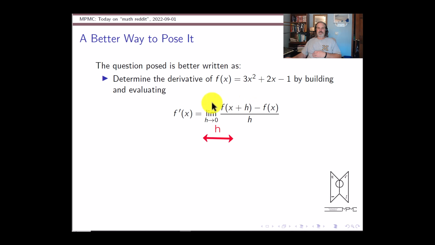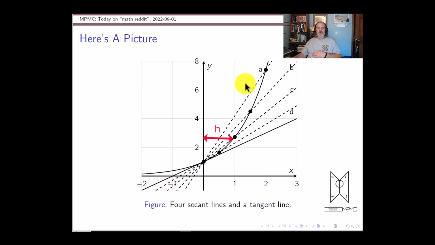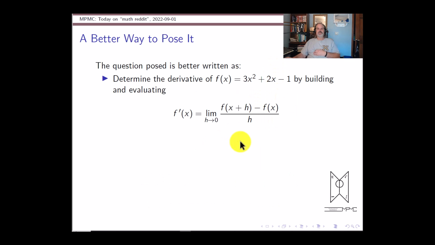So this is the process of taking these points and watching what happens as these points collapse to that unifying point down there. Now, this curve is not the specific function that's in the problem. It's just a generic picture, but it's the same story.